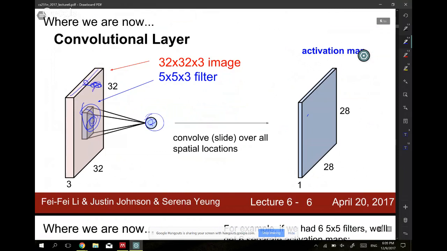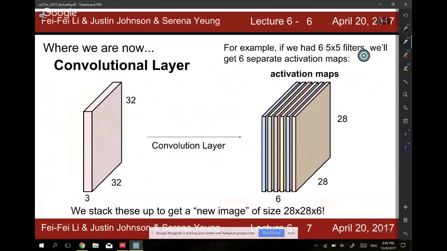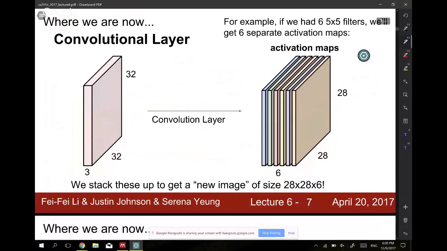It won't affect this element, because the receptive field is only on the center. We also learned that if we stack multiple filters per layer, each of them will produce a separate activation map. For example, with 6 of these 5 by 5 filters, the output will be 6 times 28 times 28.